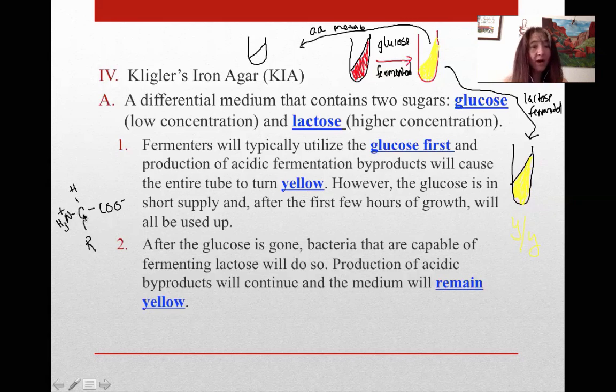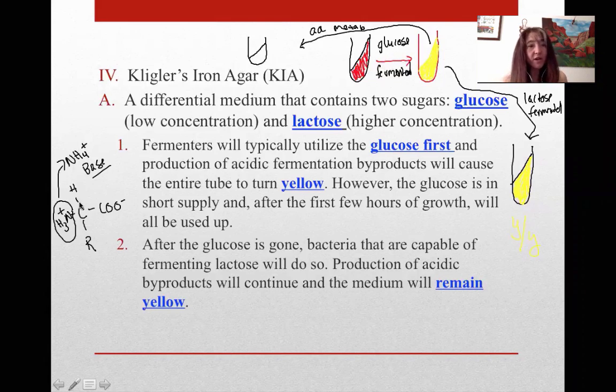So the amino acids, when they get broken down and used as an energy source, they have to be deaminated. So this leads to the formation of ammonia or ammonium in the medium. And that's basic, right? This is so basic. Ammonia is going to convert the yellow back to red.